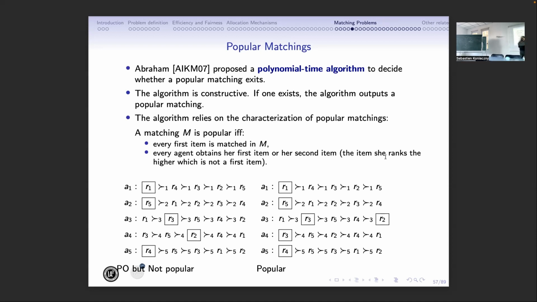The third agent obtained the last ranking resource, but this resource is a second resource, as all other resources are ranked first by the other agents. So in the case where A3 obtains R2, not R3, the matching is popular, even if one of the agents obtained a last resource.